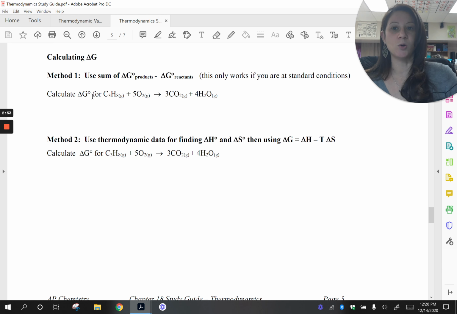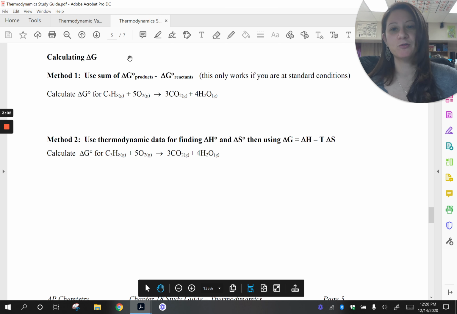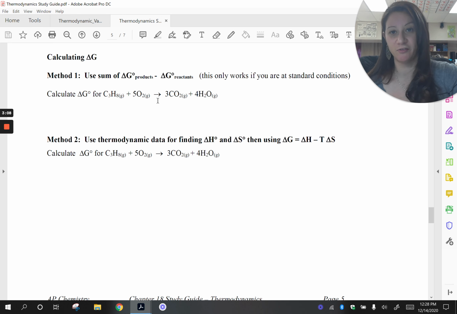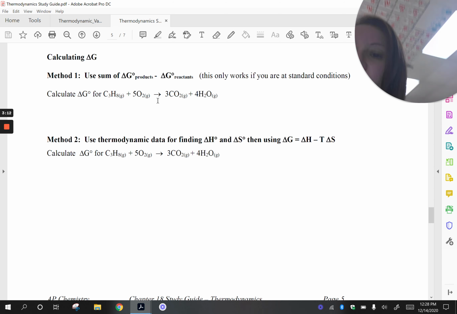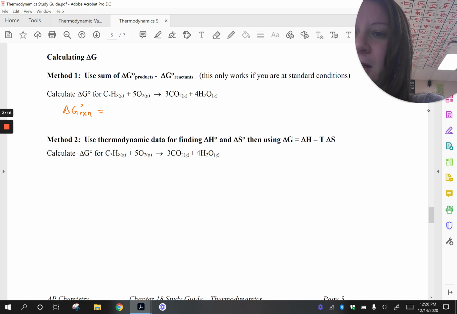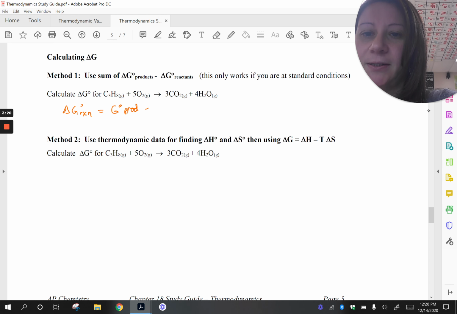So this will only calculate delta G at standard conditions because we're using the values at standard conditions. That's not going to help you calculate delta G at 100 Celsius, for example. It's only going to help you if you're at 25 Celsius. So delta G for the reaction is equal to the products minus the reactants.